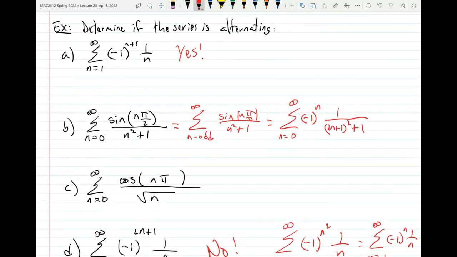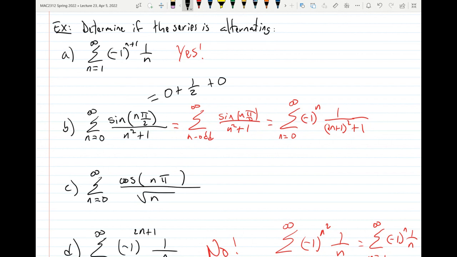Okay? So again, if you write down the terms, you will understand it better. So what are the terms of the original series? When n is equal to 0, what do we get? 0. When n is equal to 1, what do we get? 1/2. When n is equal to 2, what do we get? 0.